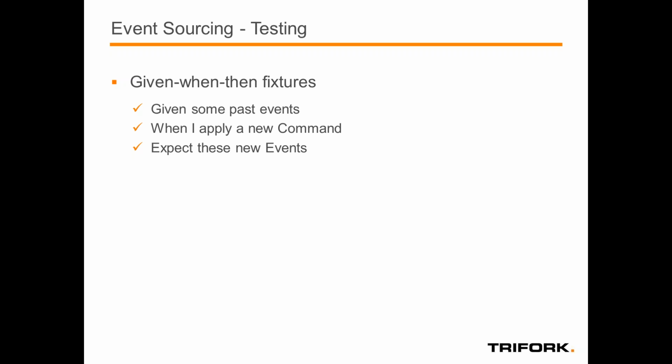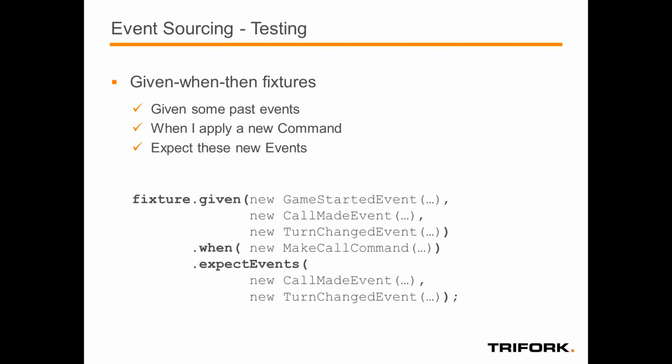So that allows us to create very simple test fixtures that are described completely in terms of commands and events. So given some past events, when I apply a new command, I expect these new events to have been published. And Axon provides a number of fixtures that you can use to describe that test.